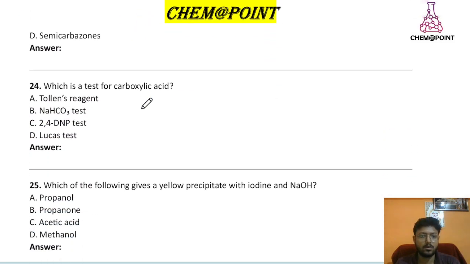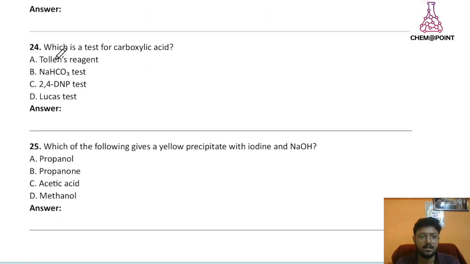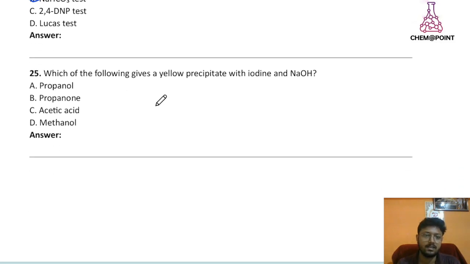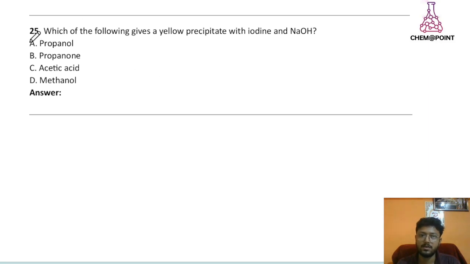Okay. Now move to question number 25. Sorry, 24. Which is a test of carboxylic acid? NaHCO3, sodium bicarbonate, CO2 gas is released. Question number 25. Which of the following gives a yellow precipitate with iodine and NaOH? That means iodoform.